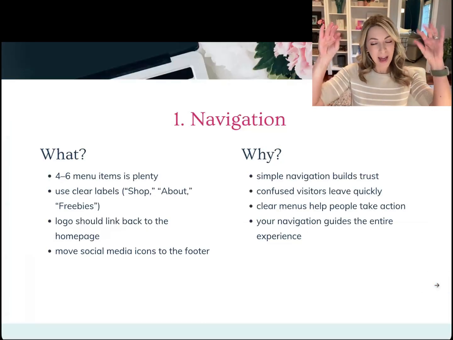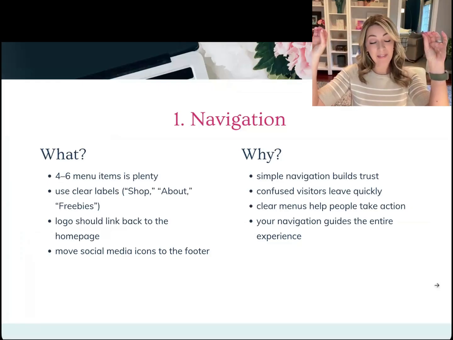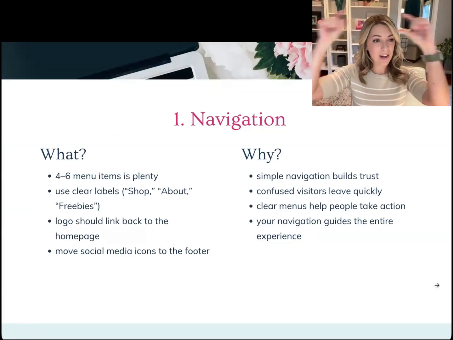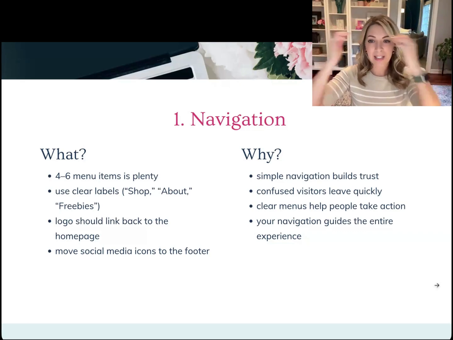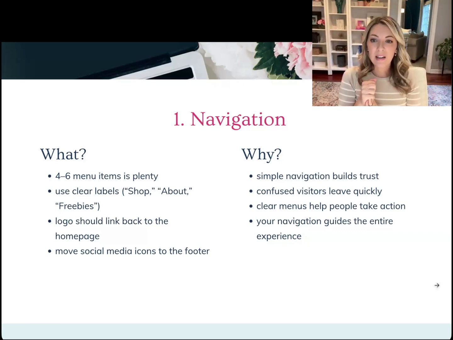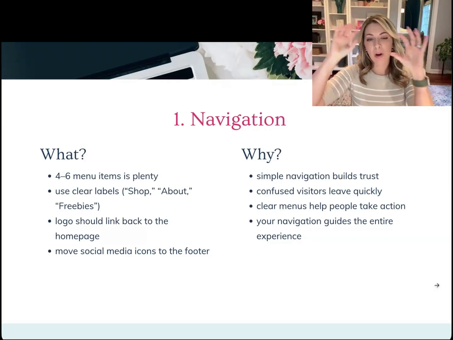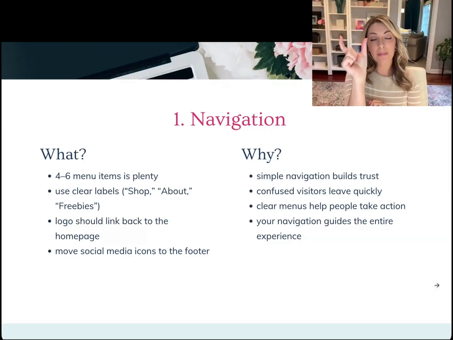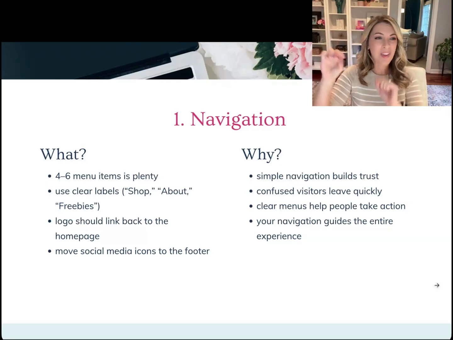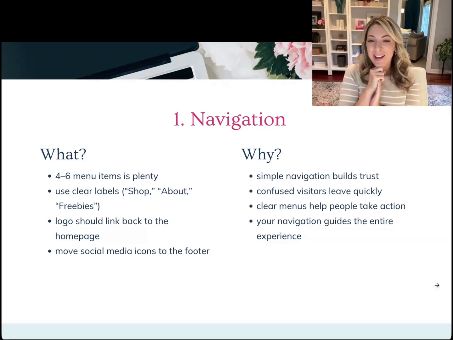So starting from the top, the first thing is the navigation. This is your header, your menu bar at the very top. Something that I see a lot is that people put too much stuff up here, or the menu item names are too long, or they try to be clever.